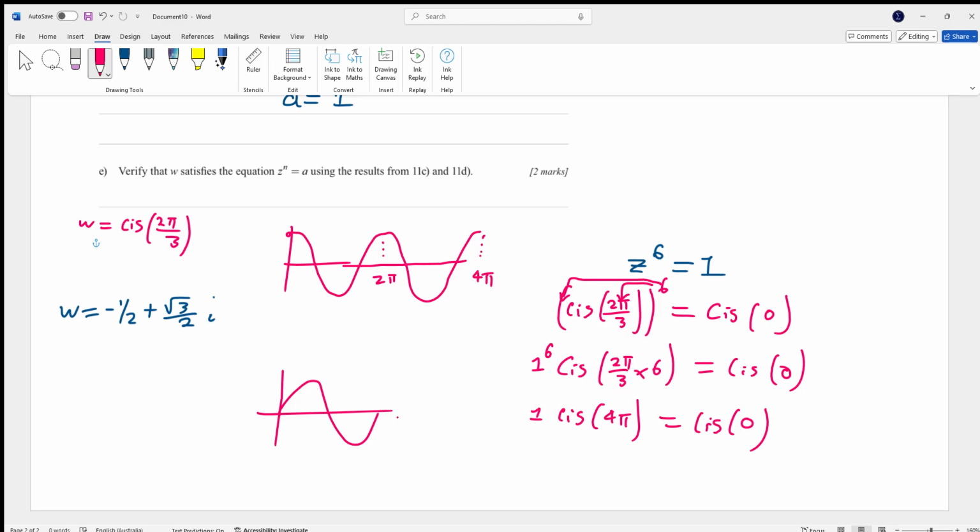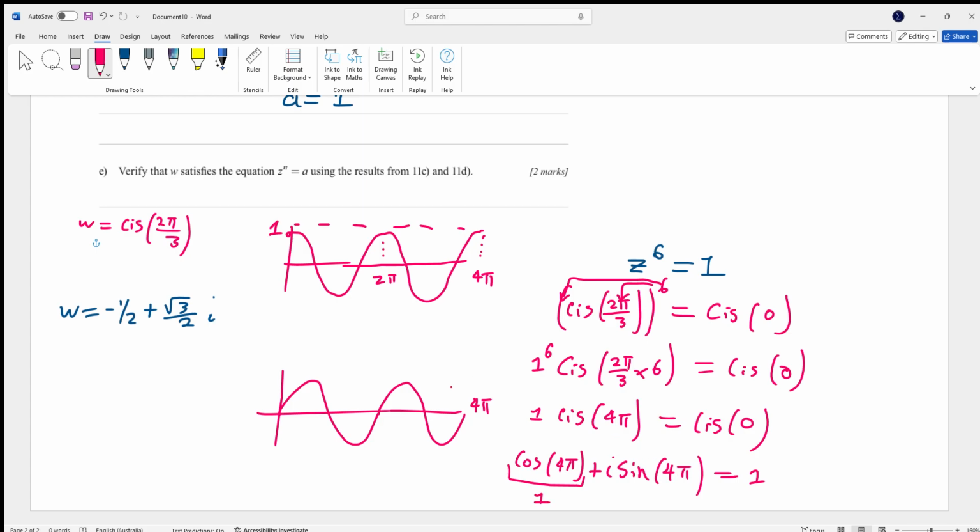On the sine curve, this is 4 pi. So here, this can be written as cos 4 pi plus i sine 4 pi. Now this has to be equal to 1 because cis of 0 is 1. Cos of 4 pi from the curve we can see is equal to 1. So that's 1. Sine of 4 pi is equal to 0, so that cancels out. So you get 1 is equal to 1. So yes, it verifies this equation here.